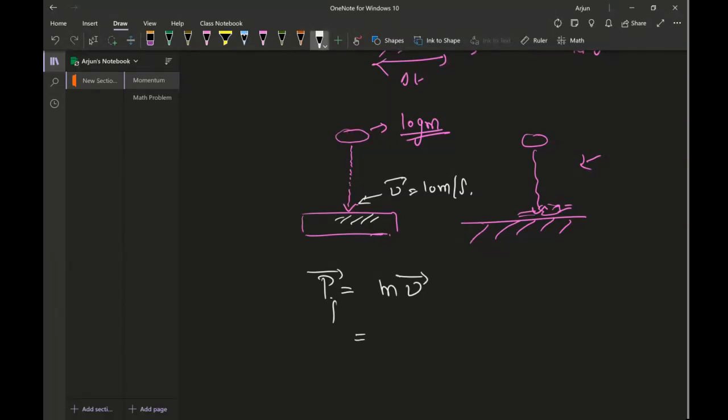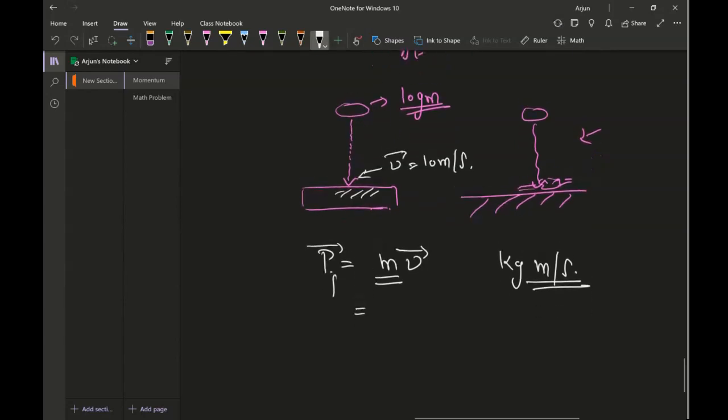So 10 grams mass. Again, if you can recall the last lecture, we said that the unit of momentum is kg meters per second. So I need to convert these grams into kgs. So this will be 0.010, because 1 kg equals 1000 grams, multiplied by velocity.